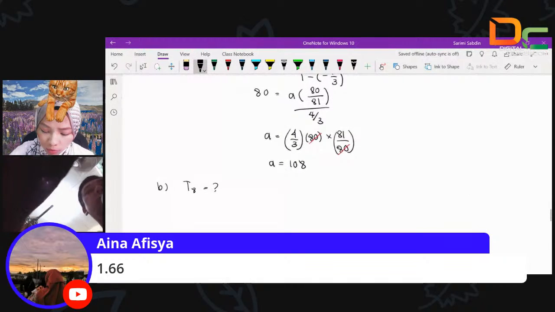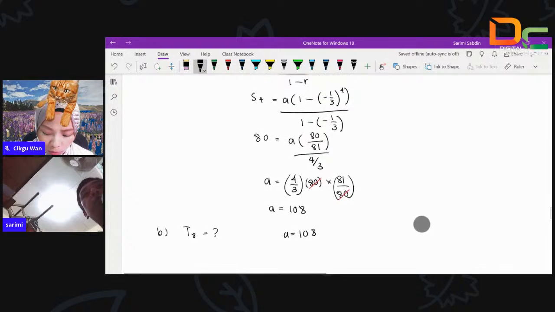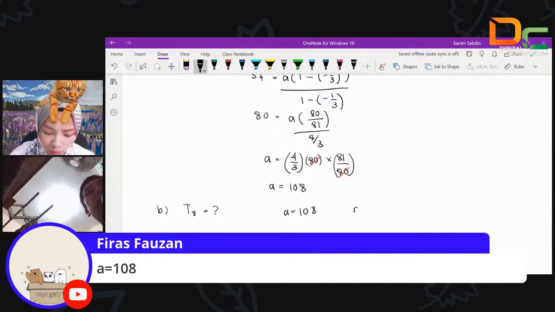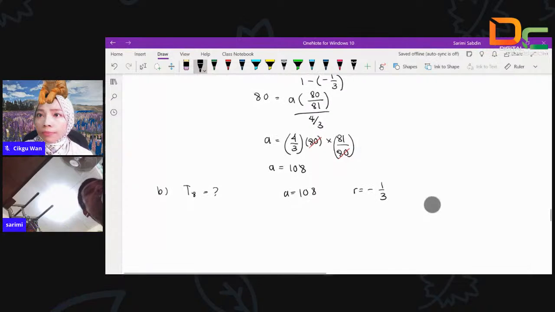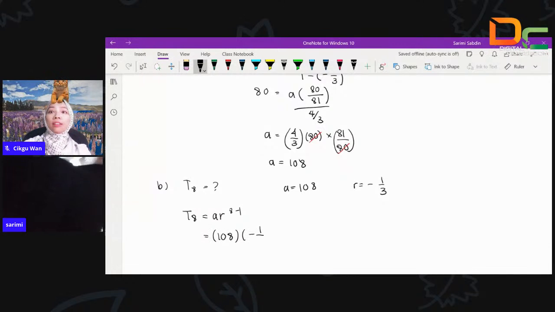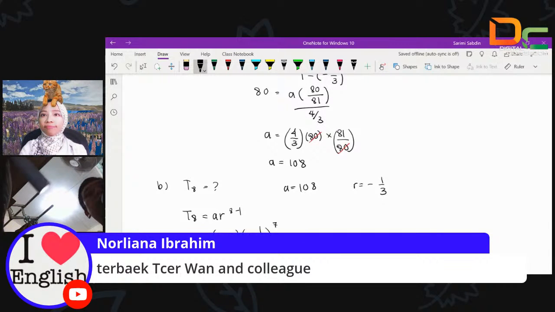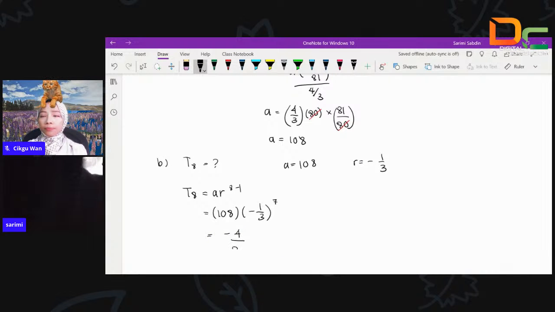We already know A is 108, and from the question, the value of R is negative 1 over 3. So we just substitute into the formula. T8 is A R to the power of 8 minus 1. So A is 108 times negative 1 over 3 to the power of 7. Yang ini masuk dalam calculator je. So jawapan dia negative 4 over 81.